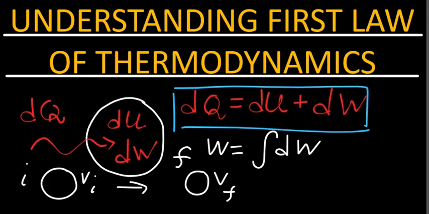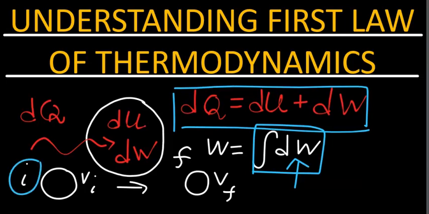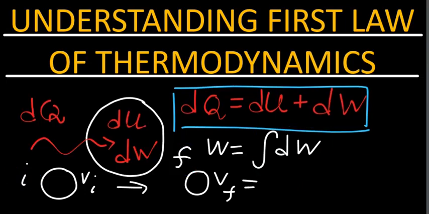So the total work is the integral of incremental work done by this gas sample as it goes from the initial state to the final state, which can then be written in terms of an integral of P dV as follows.